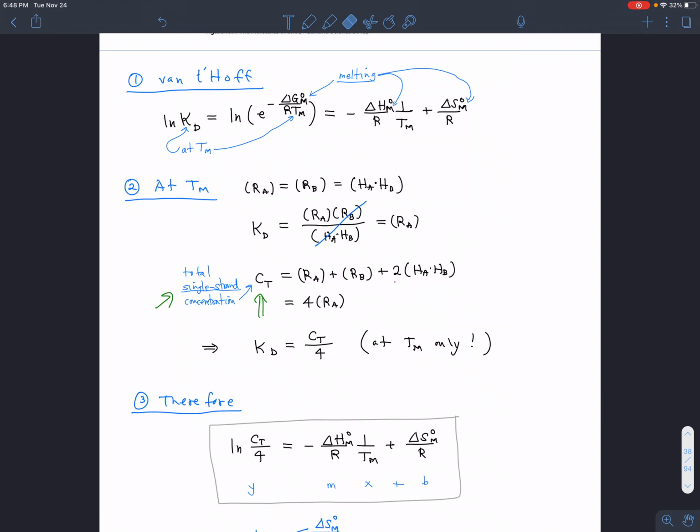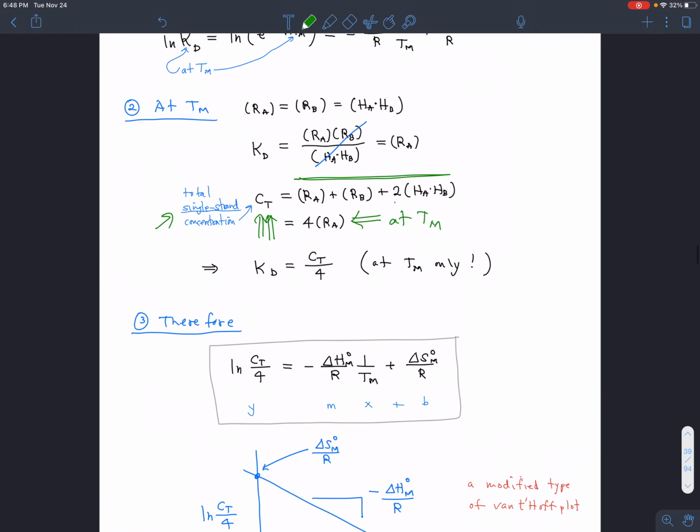So that means, since all these are equal, that the concentration that you put in is equal to 4 times the concentration of just one strand when you're at Tm, and not true at other temperatures. But that means that this Kd that we don't know is just equal to the total concentration that we do know divided by 4, again, only at Tm.